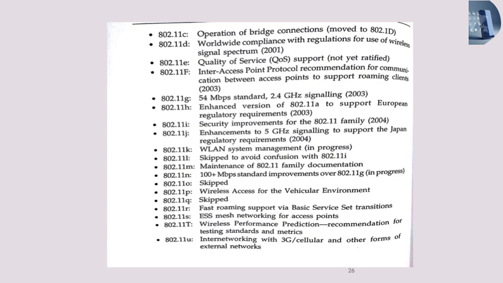And 802.11u is there, that revision gives internetworking with 3G or cellular and other forms of external networks. So these are some of the IEEE standards and their features.